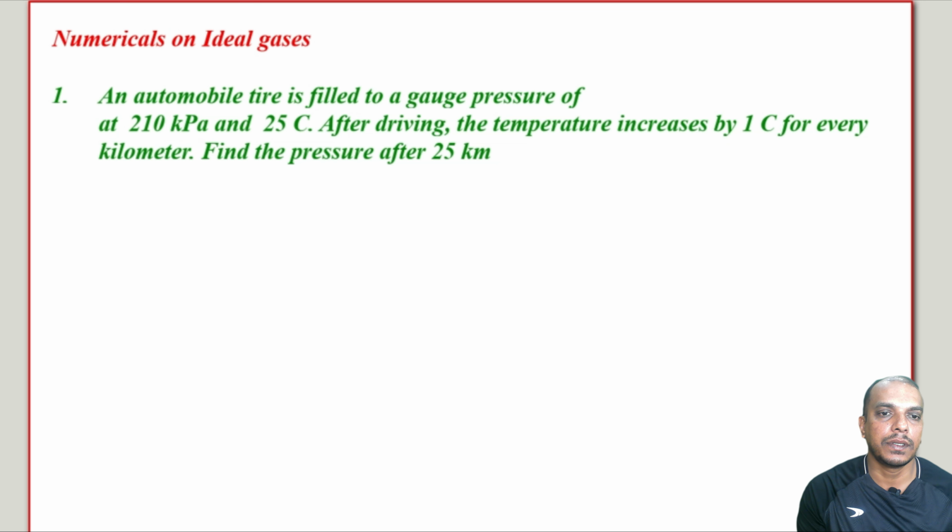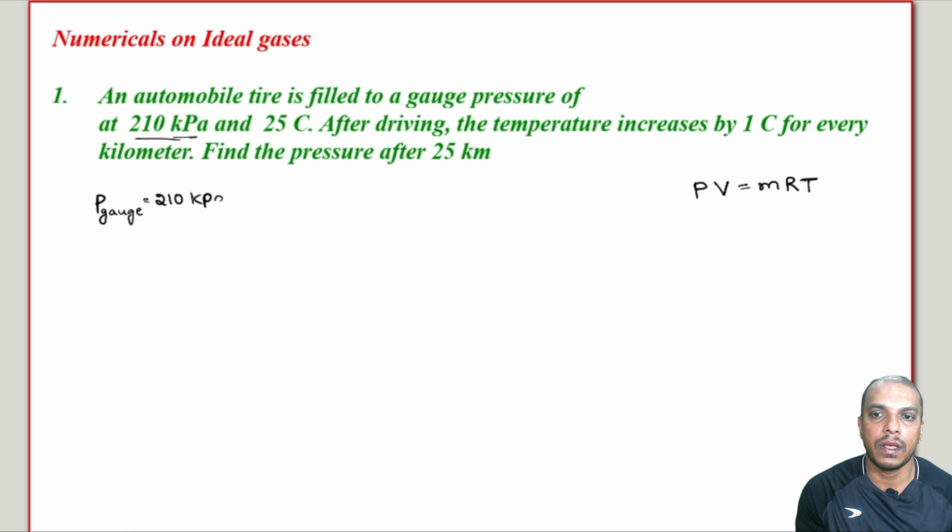Remember, the equation which we wrote, PV is equal to MRT, the pressure and temperature have to be absolute pressure and absolute temperature. So, the value given here is gauge pressure, that is 210 kilopascal. And we are familiar that absolute pressure is given by gauge pressure plus atmospheric pressure.